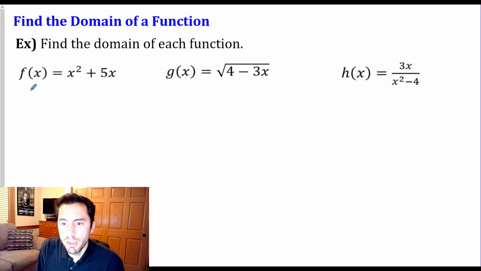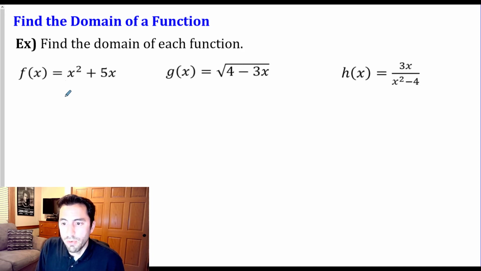So the first one, f of x is equal to x squared plus 5x. So my variable x, and I'm going to do a couple different things to it. First, I'm going to take x and I'm going to square that. Now, is there any restrictions on that piece? No. I can take any real number I want, I can square it, and I'll end up with another real number.